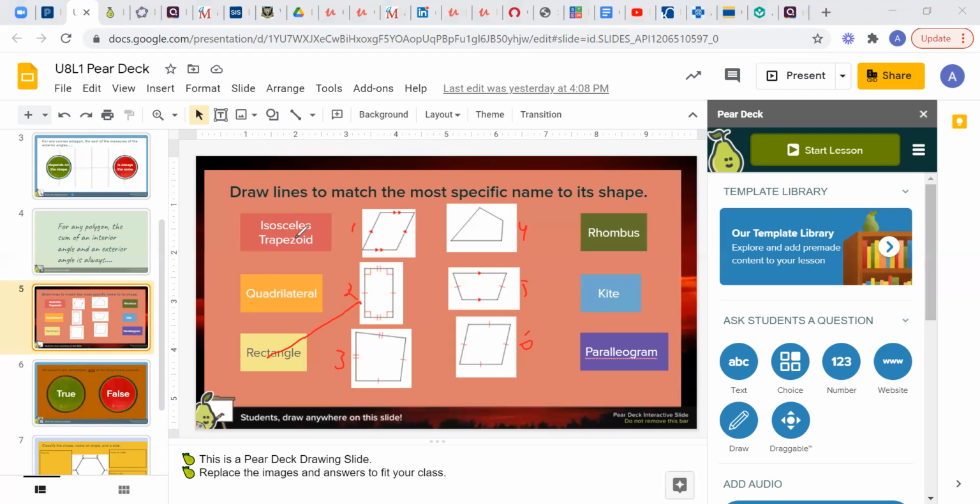A trapezoid is a figure where at least 2 opposite sides are parallel. The first one could be, but since we've added isosceles to it, it means 2 of the opposite sides are also equal. So which of these figures looks like that?